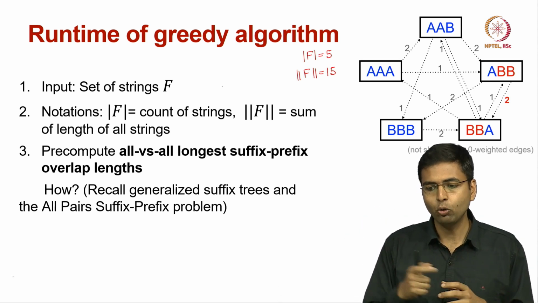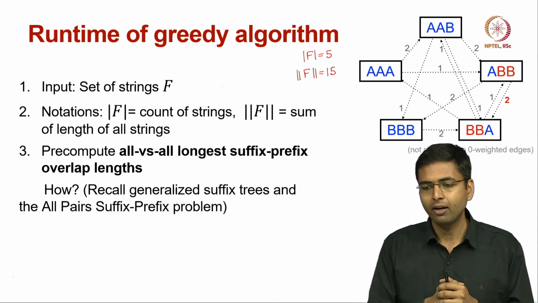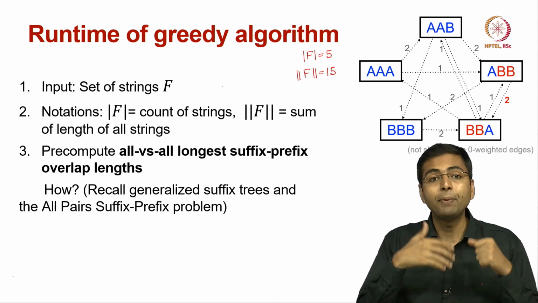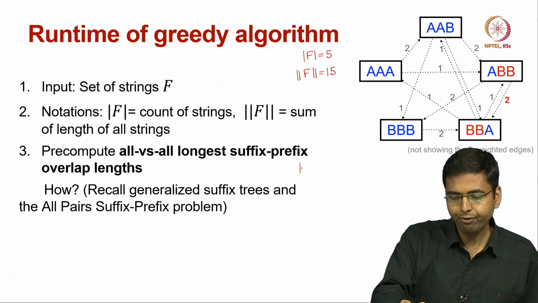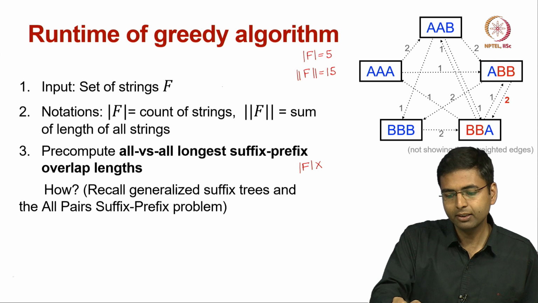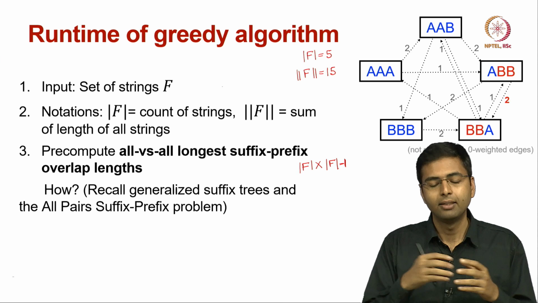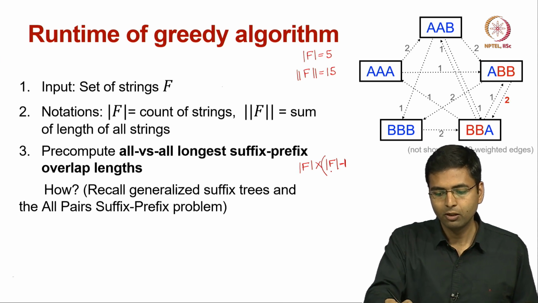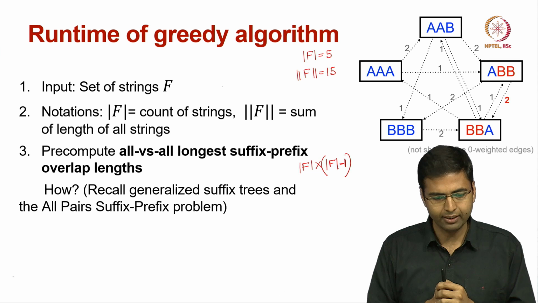I am showing this illustration on the right hand side, where you can build a complete graph. You can compute all F times F minus 1 overlap lengths, so that you have the information that you need while running the greedy algorithm.